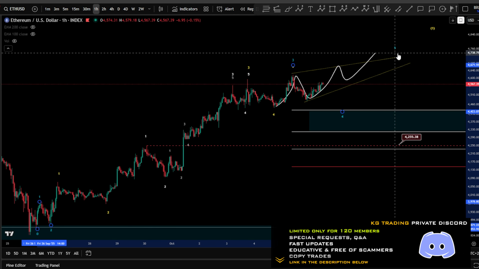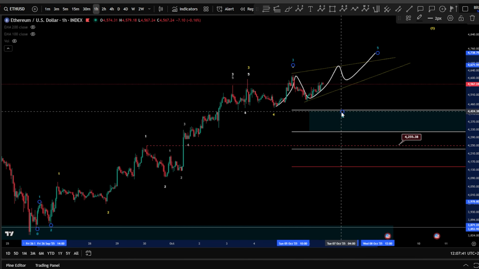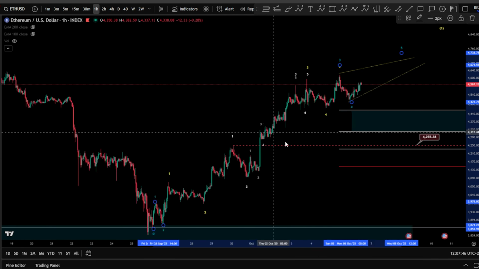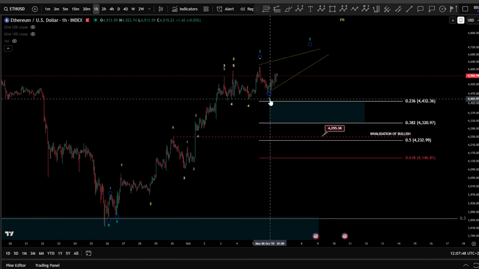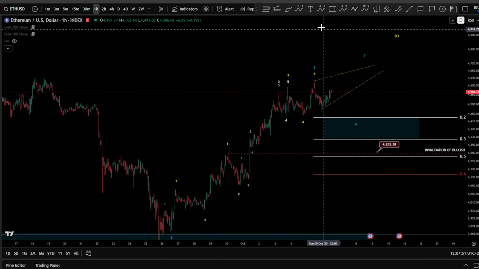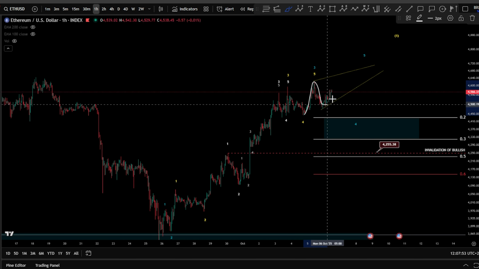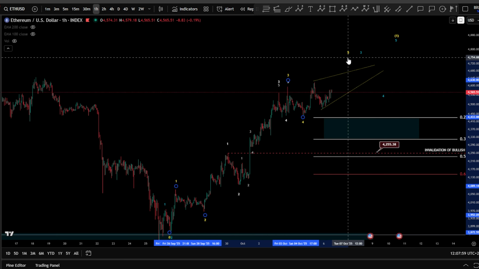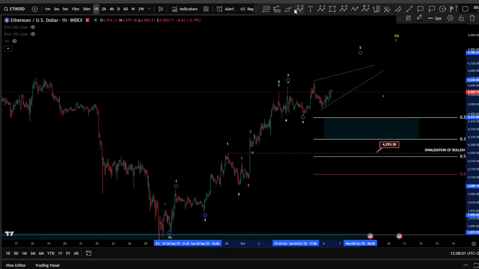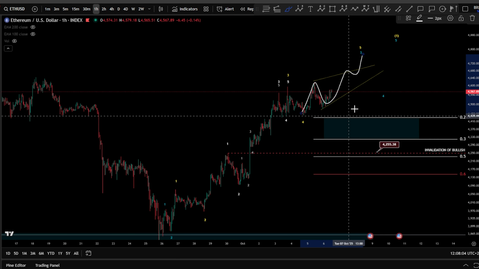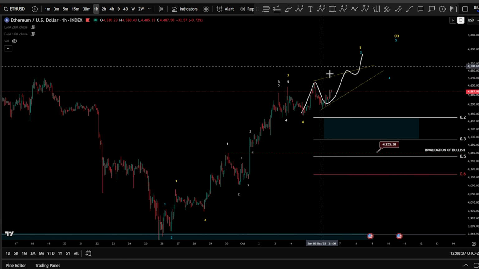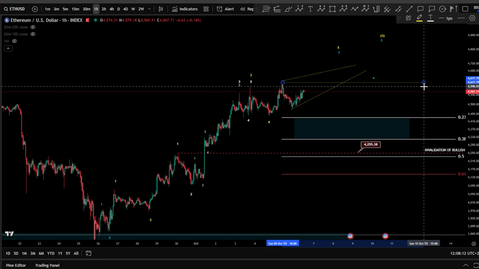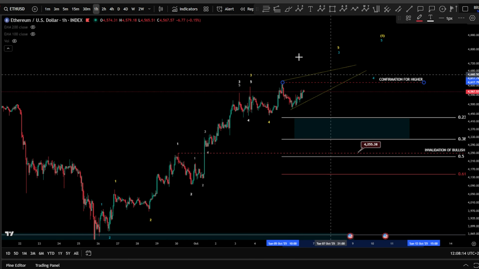This potential wave 3 4 and a 5 here can also be very likely, but the wave 4, as you can see, did not reach the target 0.23, and this opens another possibility, which can be an extension 1 2 3 4 5, meaning before looking for a wave 3 here, 4 and a 5, you might still seek a wave 3 4 and a 5 in an extension here, and then look for a wave 4 in the blue scenario over there. How to know this? Well, simply key levels. This might be confirmation for higher prices.